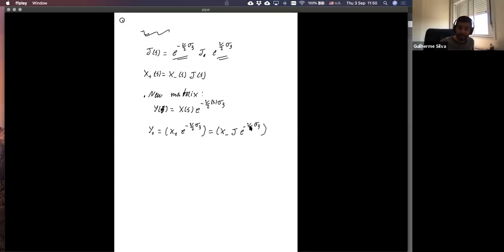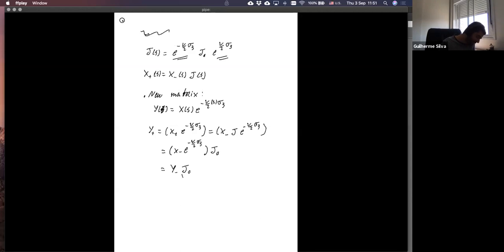Look at that: the e^{V/2} cancels with this one. So what I get is X minus e^{-V/2 σ3} times my J0, which is exactly Y minus times J0. Very simple calculation.